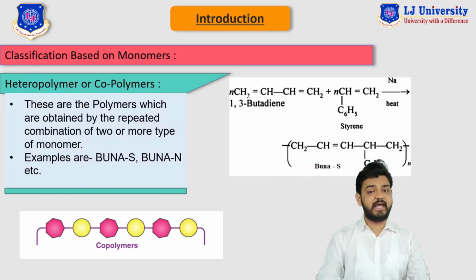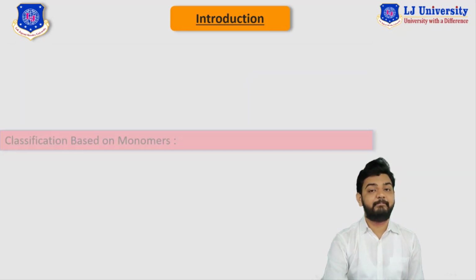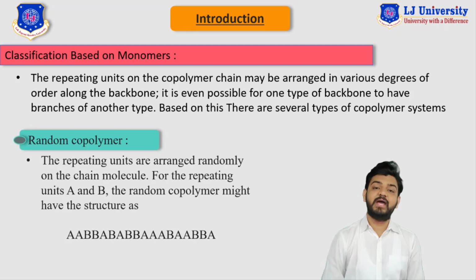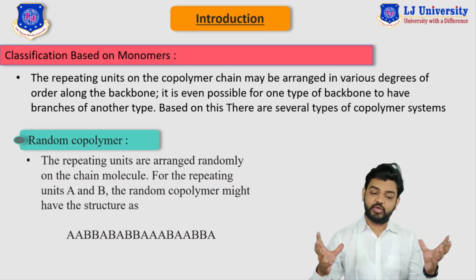Well, this is not the end of the story. We have further classification based on the monomer arrangement as random copolymer, alternating copolymer and block copolymer. Here on this screen, we can define a random copolymer as one where the repeating units are arranged in a random manner on the chain of the molecule.